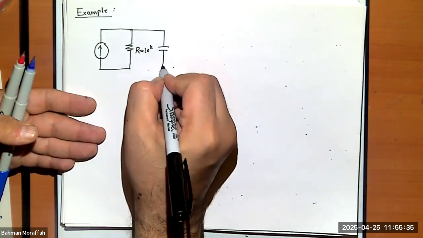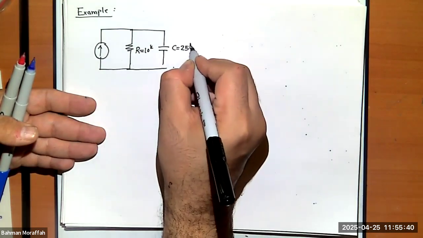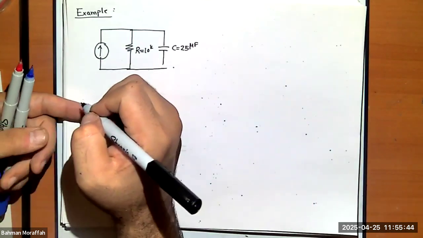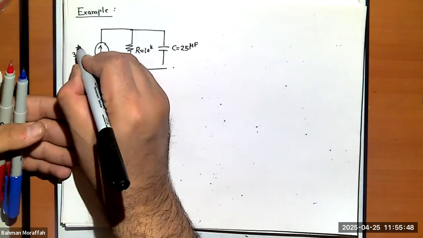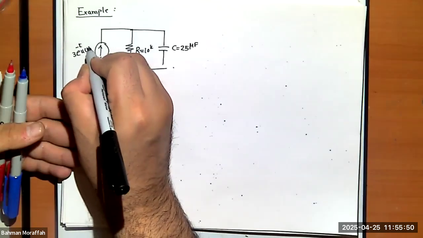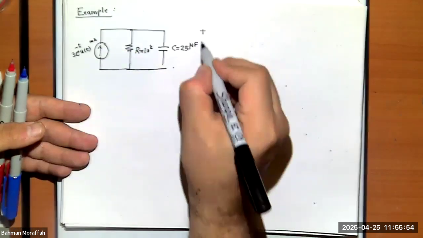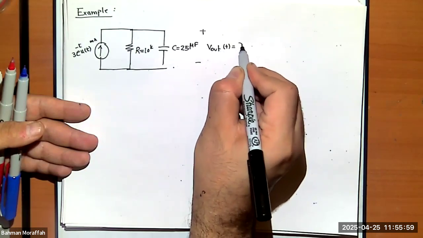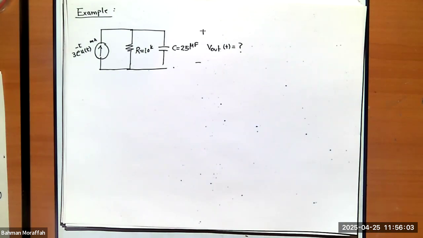It's followed by a capacitor, C, which is 25 microfarad. Let's just say my current source is 3 times e to the power of minus t milliamps. Right? The question is, what is the output?